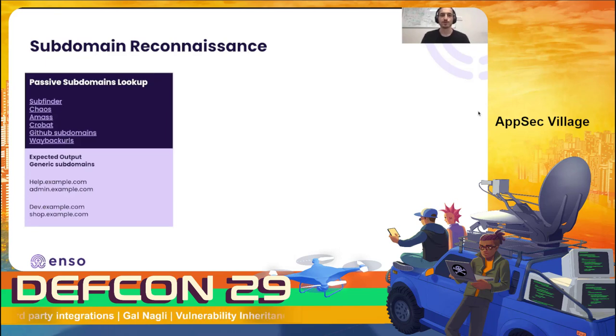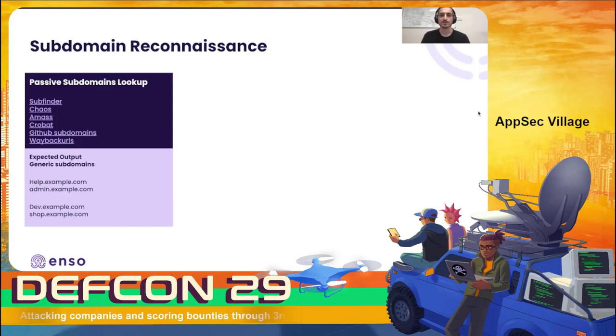They all have in common that those are passive subdomain lookup tools. We don't issue any active request to our target. They all collect the data from different resources on the internet. The expected output from this process will be generic subdomains, such as help, admin, dev, and shop.